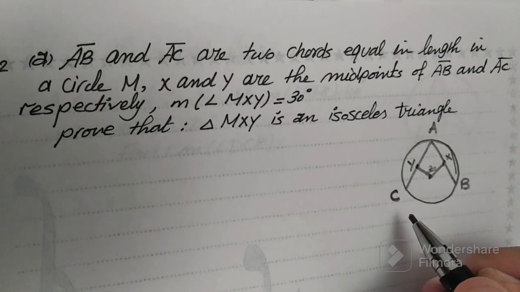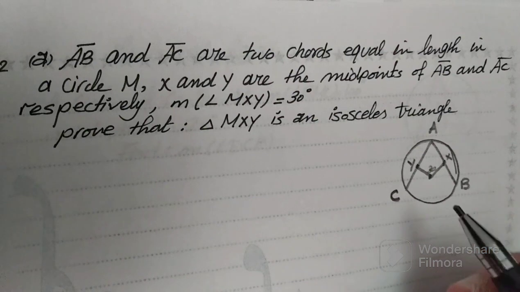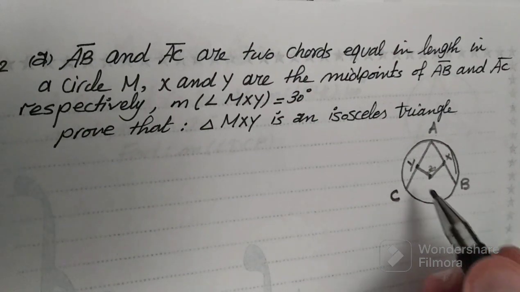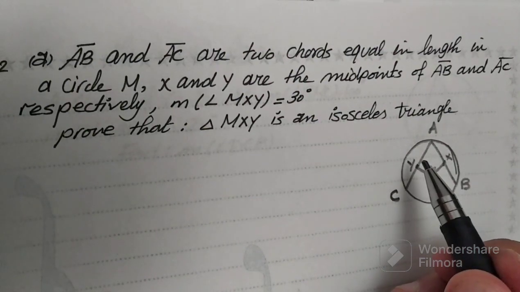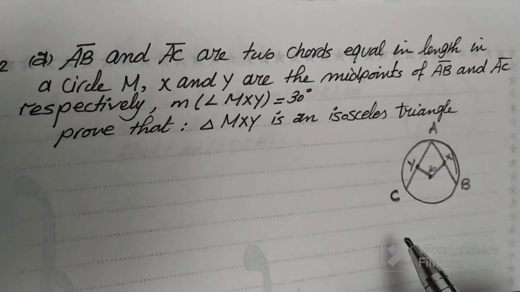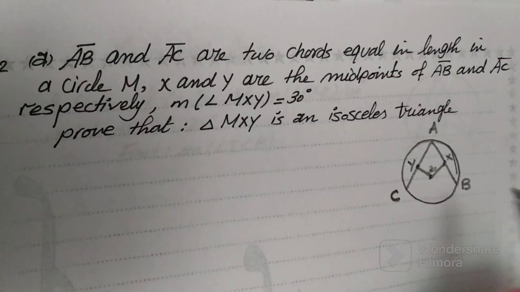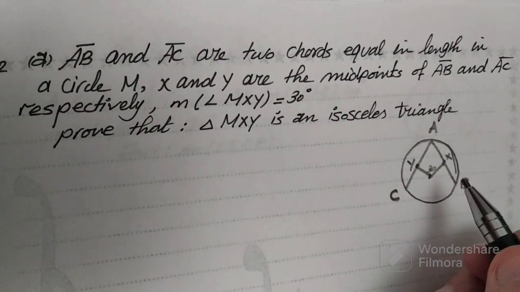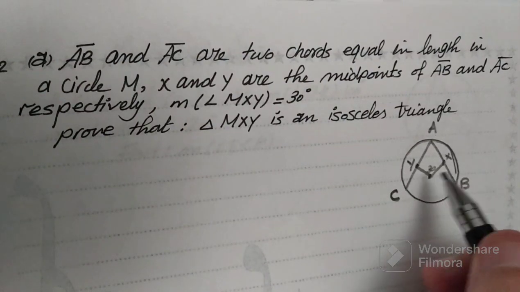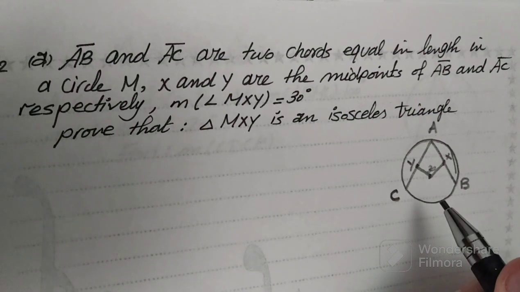Okay. Number 1. Here he said AB and AC are two chords equal in length. Okay. Number 2. X and Y are the midpoints.